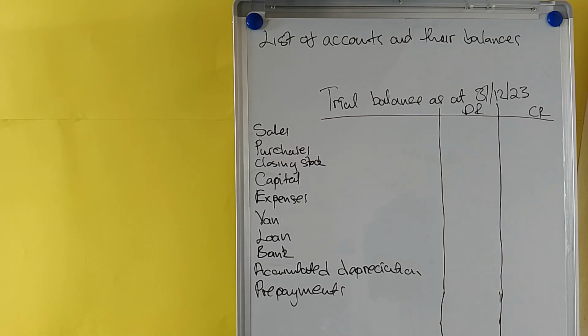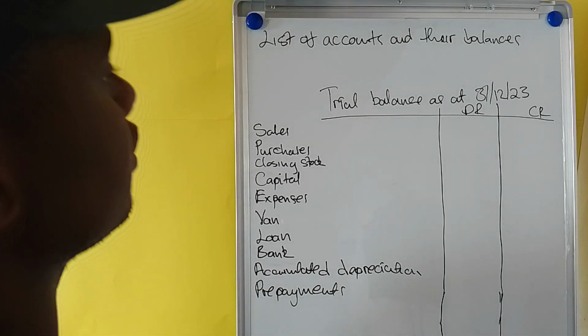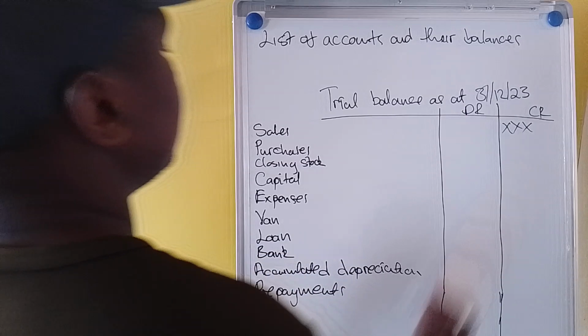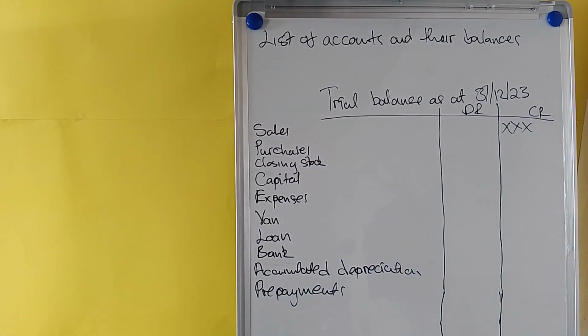Sales are revenue which has not been deducted with expenses. So sales, as revenue, fall under capital elements, and will be recorded on the credit side of the trial balance. So we just put an X here. If you've got sales, you have to put them on the credit balance.